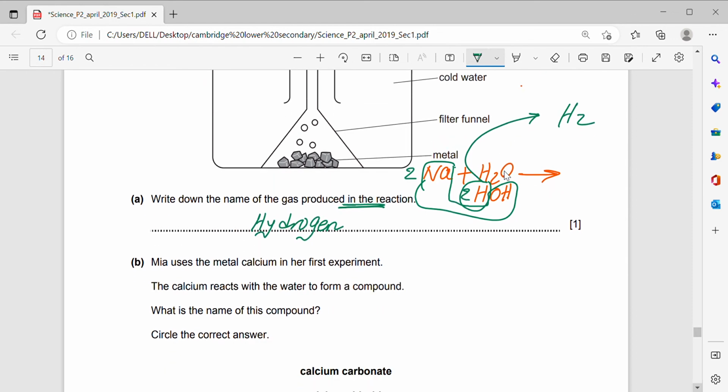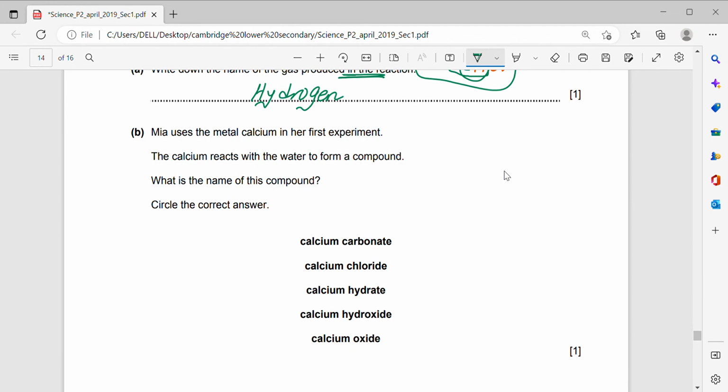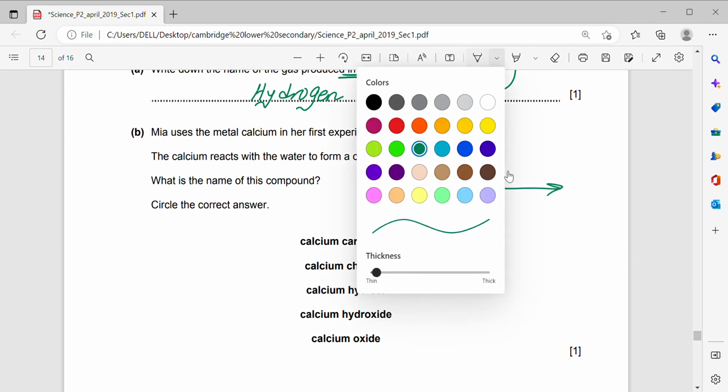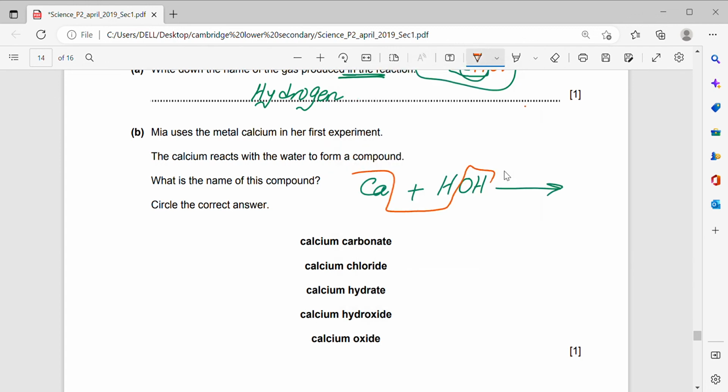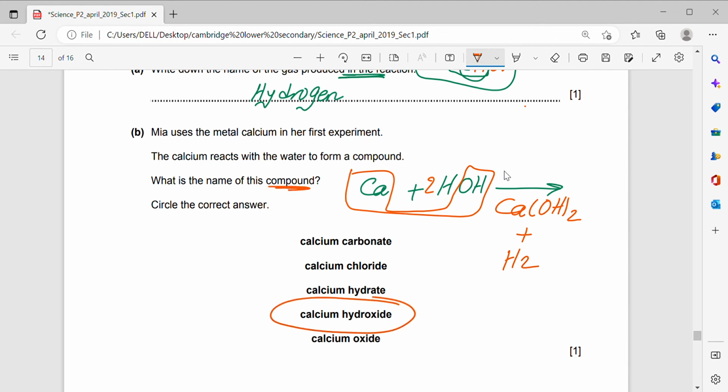What's the name of this compound? طيب لو عمل بالكالسيوم يبقى الكالسيوم مع الووتر برضو هيديني ايه؟ الكالسيوم هياخد ال OH ويسيبولي الهيدروجين. يبقى عندي Ca(OH)2 ده الكالسيوم هيدروكسيد والهيدروجين. يبقى the name of the compound اسمه ايه؟ اسمه calcium hydroxide. Okay? طب next question.